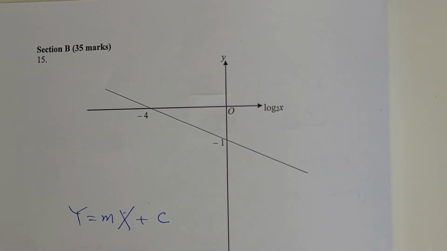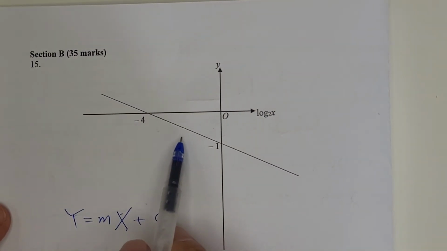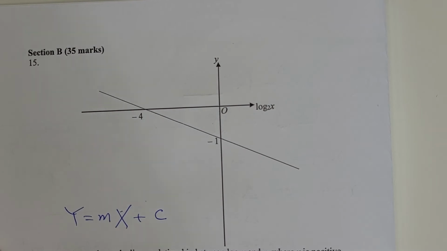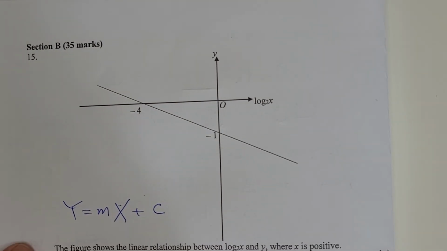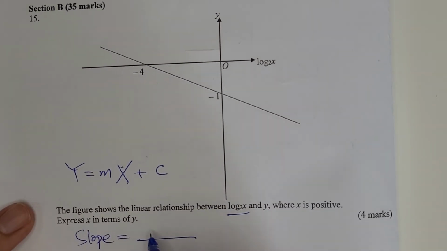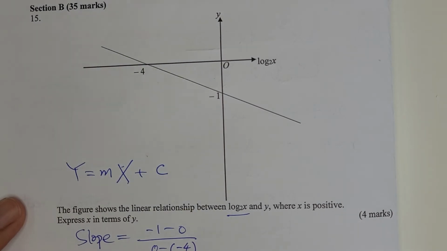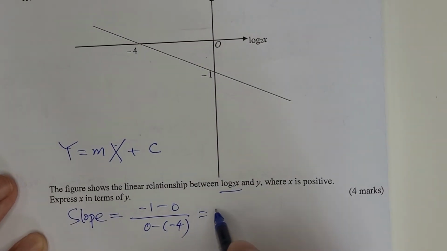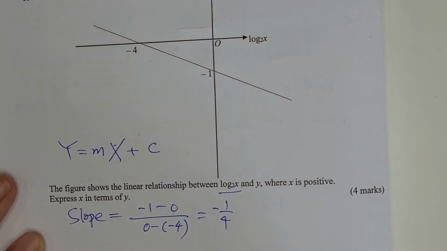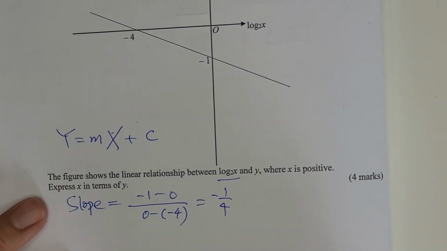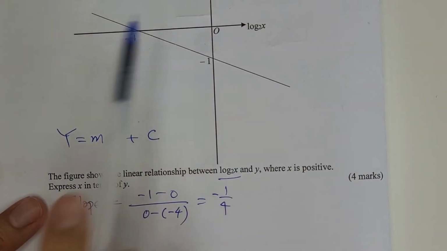Okay, so in here we can find the slope of this straight line first. There will be negative 1 minus 0 over 0 minus negative 4. That you will have negative 1 over 4. And hence you can set up the equation, the relationship between log x base 2 and y.